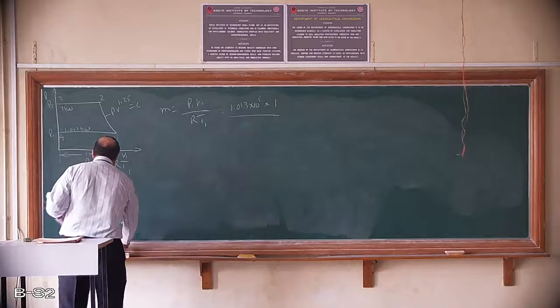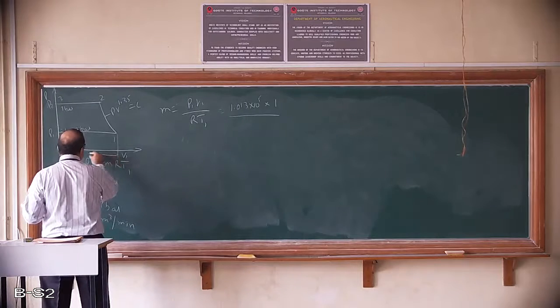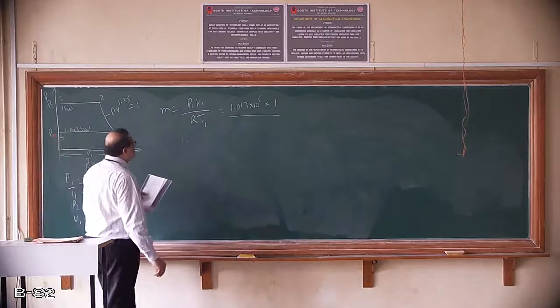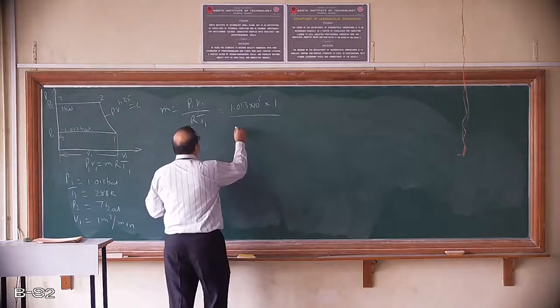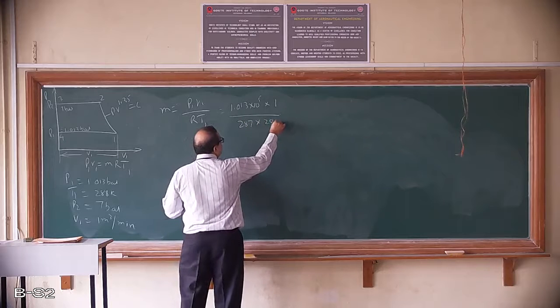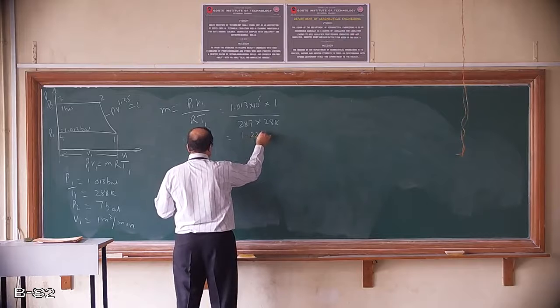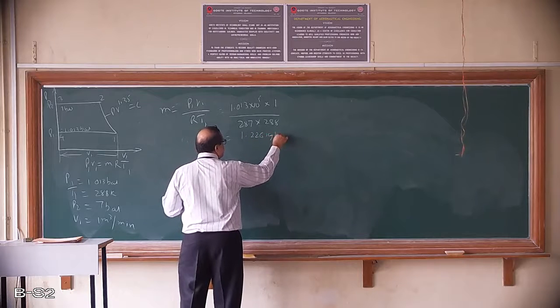R is 287 into 288 Kelvin. So m you get as 1.226 kg per minute.